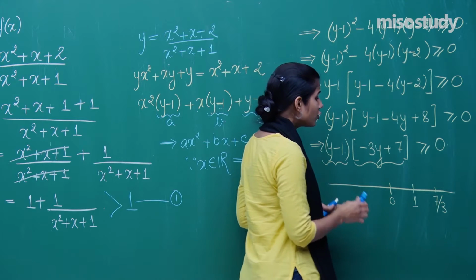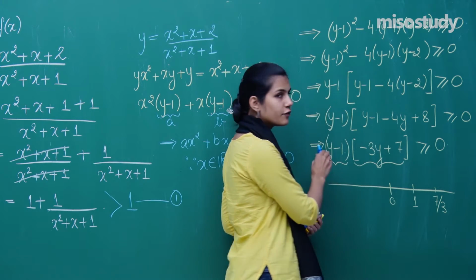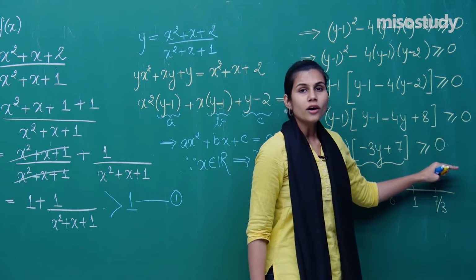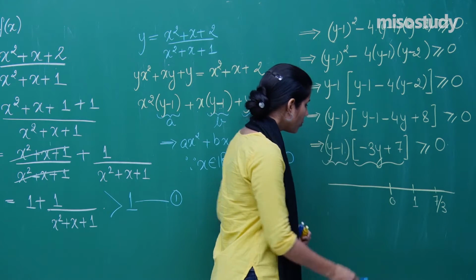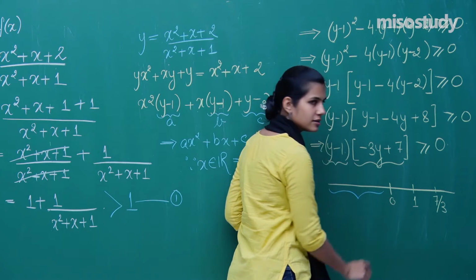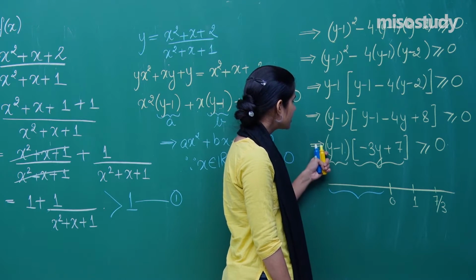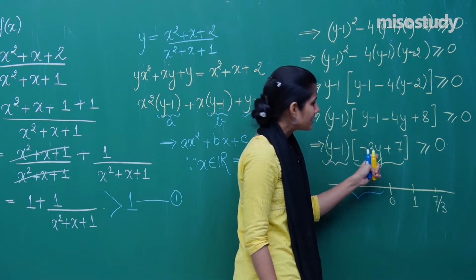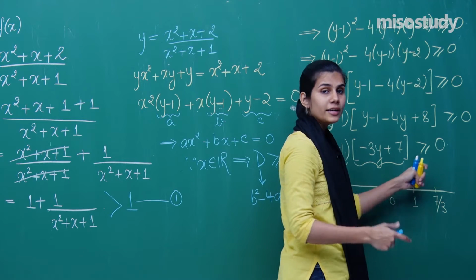Now, we have to find those values of y which when substituted in this expression give you non-negative answers. Suppose I pick up negative reals, that is these. When I pick up negative reals, I am going to get negative answers. That means the output will not be non-negative.